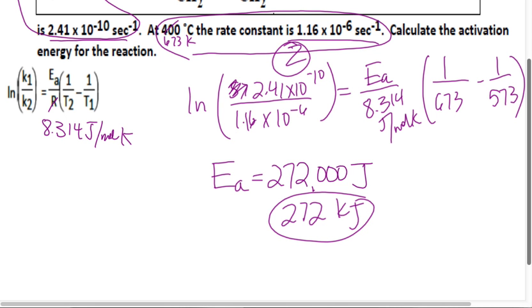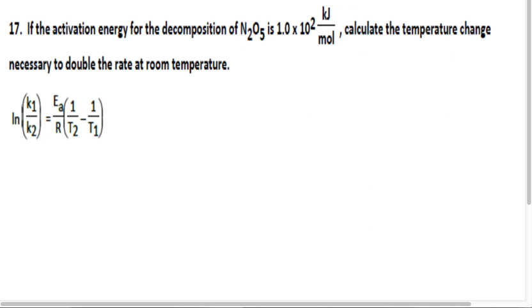Okay. This last problem, again super simple using the same equation, except this time we are looking for a temperature change. I like this problem because you have to make some assumptions, which I think you need to understand why we're making. If the activation energy is given, calculate the temperature change necessary to double the rate at room temperature.